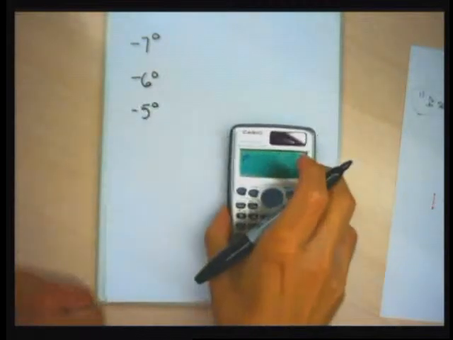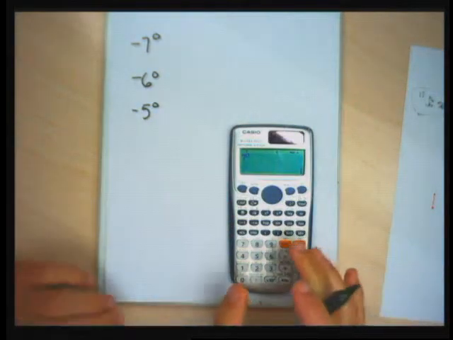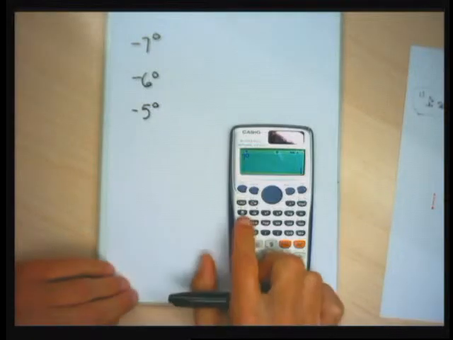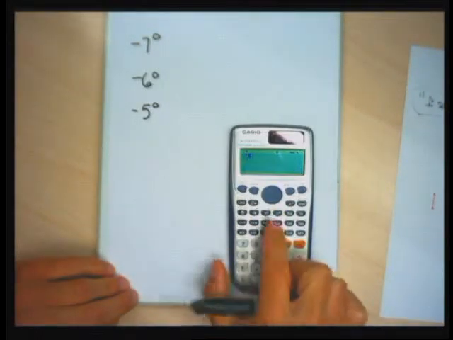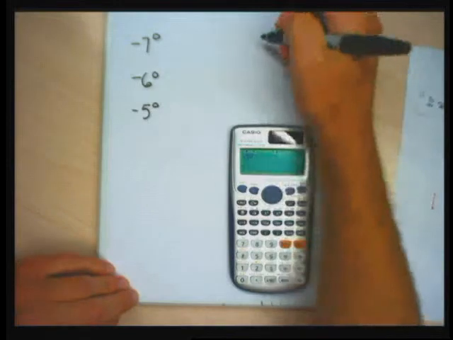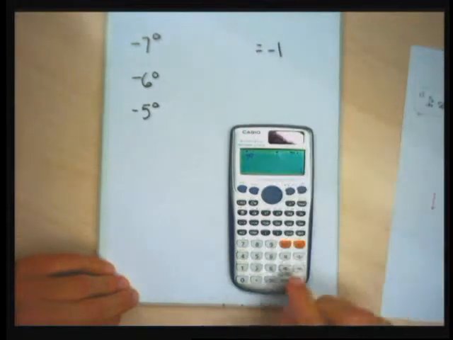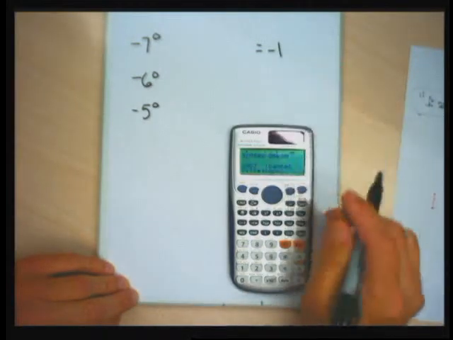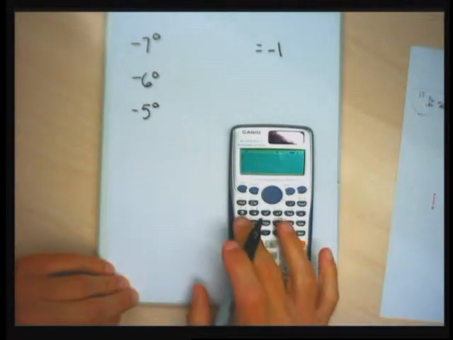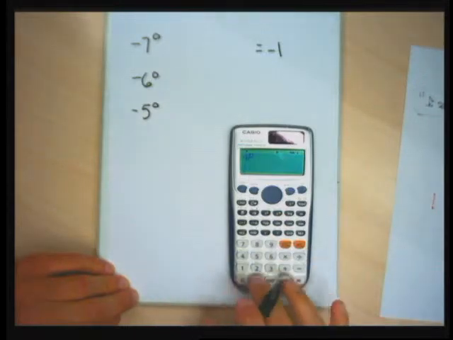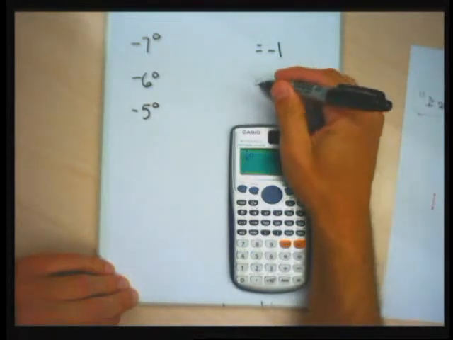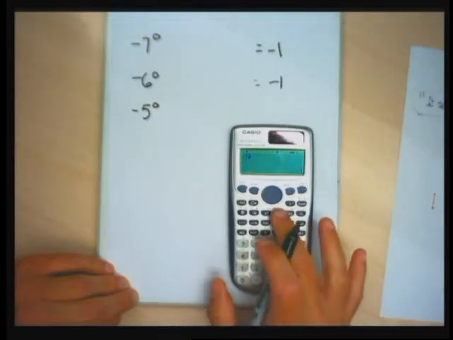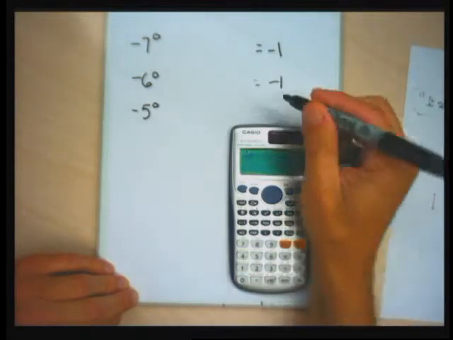If I do each one of these on my calculator, it understands the subtlety that makes these 3 problems different than the last 3. If I did negative 7 to the 0 power, this is negative 1. Negative 6 to the 0 power is negative 1, and negative 5 to the 0 power is also negative 1.